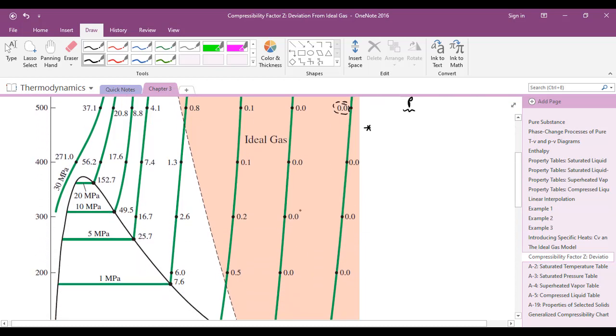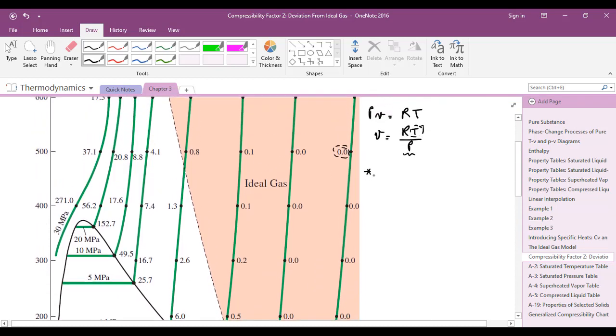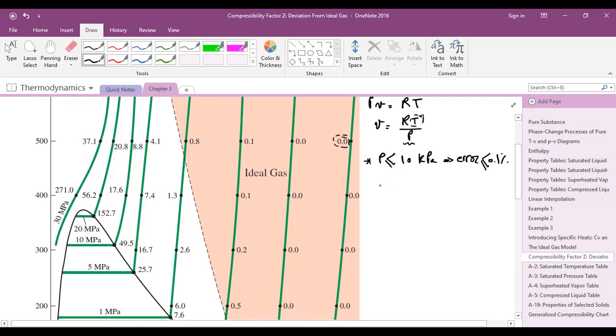So at a pressure less than or equal to 10 kilopascal, we have an error less than or equal to 0.1%. So in this region, we can say that the water vapor can be treated as an ideal gas.